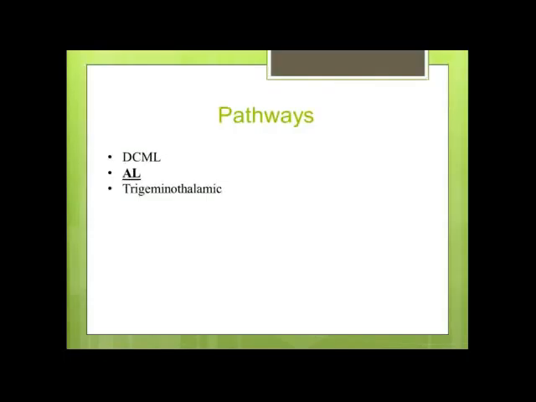There is some interaction of AL and DCML at the thalamus, and it's thought that DCML can inhibit AL transmission. Sorry about abbreviating, but one of the examples used of that, of the DCML inhibiting AL transmission, is the effect that you can have on pain by use of deep pressure and proprioception. It can have an effect to diminish pain.